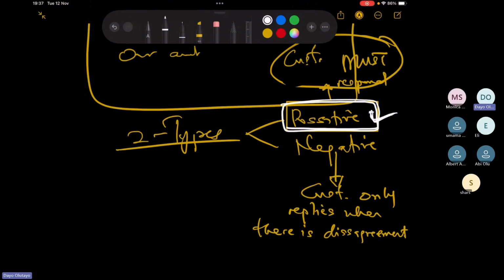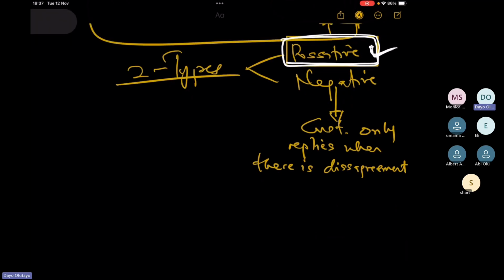And the reason being that if you do a negative confirmation, which means you only expect the client to respond when there's a discrepancy, a client might not even get the letter. A client might even forget to respond to the letter. And once they don't respond, auditors will just assume as if everything is fine, whereas everything might not be fine. So that is why positive confirmation is actually the better way of performing your external confirmation. And please take note of that.